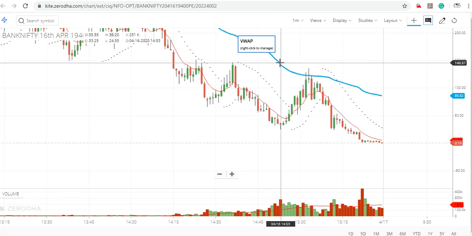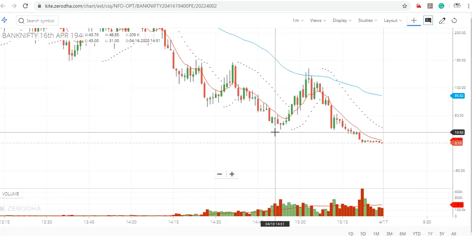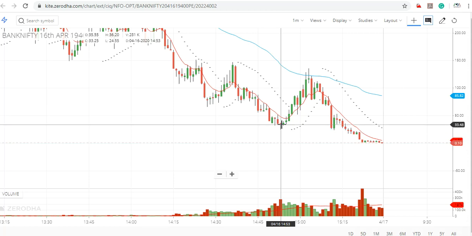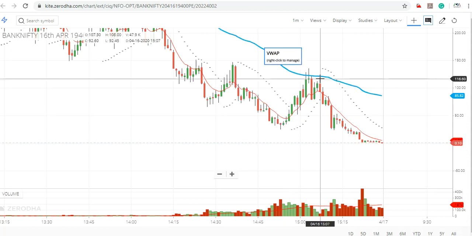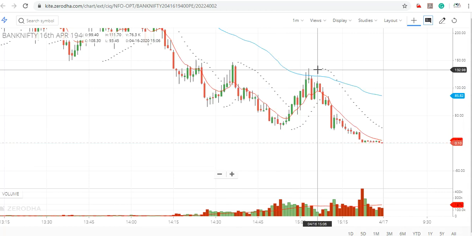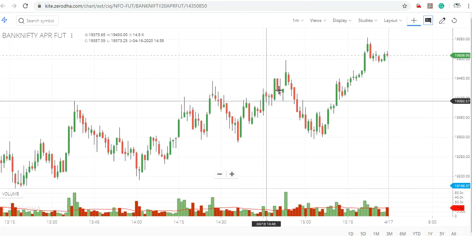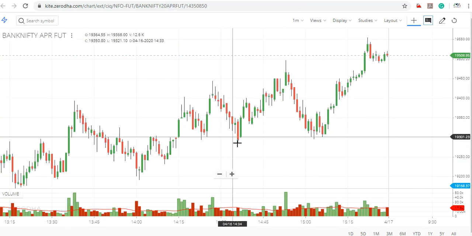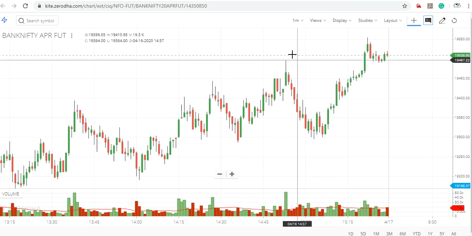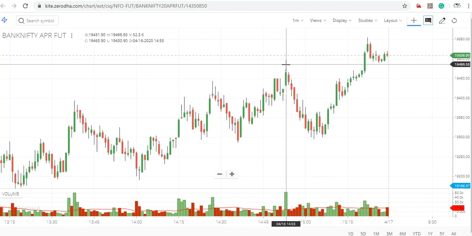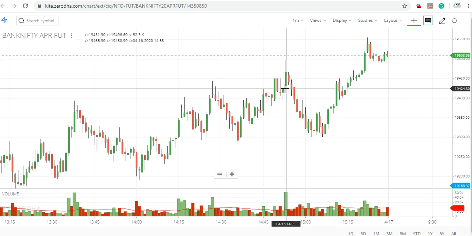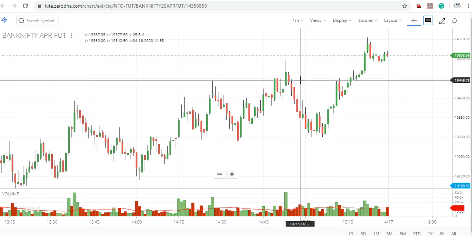Don't worry about VWAP and other things. If below VWAP, we will scalp for call. Sorry, this is above VWAP, so we'll scalp for put. Again here you can scalp, but the body and the wick are both equal, so we will not scalp here. It should be a little below here.